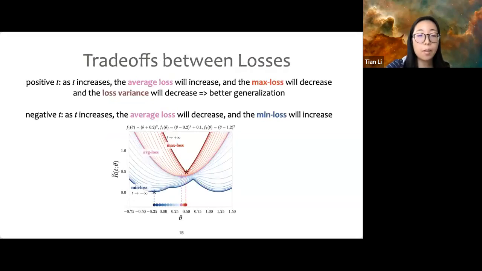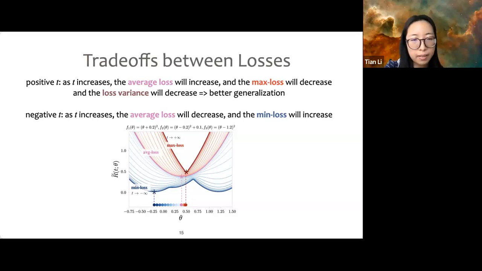Okay. And then we also study other properties such as the trade-offs between the losses. When t is positive, as t increases, we prove that the average loss will increase, the max loss will decrease, and the loss variance will also decrease. So this gives us a different point on the bias-variance trade-off curve.